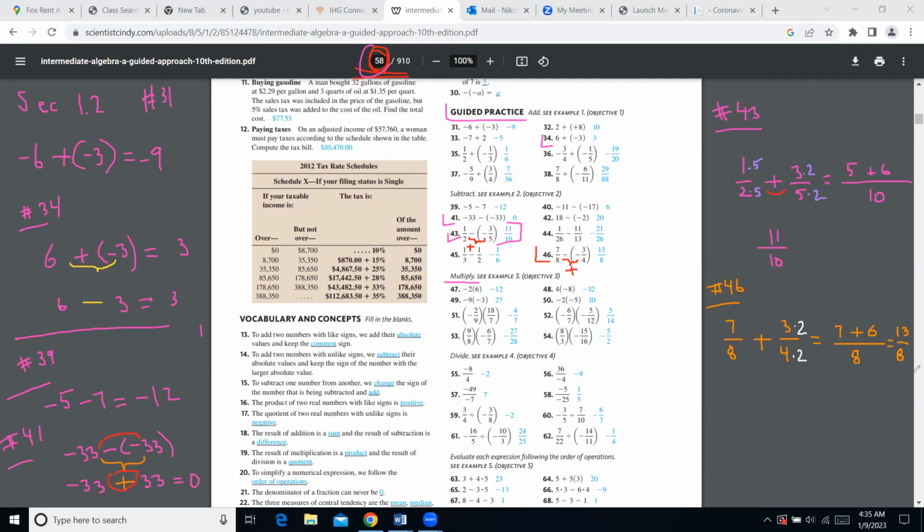13 over 8 looks like the answer. I know some people say, Alex, maybe you can rewrite this as 1 and then 5 over 8. Because 13 has 8 in it, and besides 8, there is a 5, so you can pull out that 8 as one whole thing, and then 5/8 will be attached. I say, is this also going to be the correct answer?